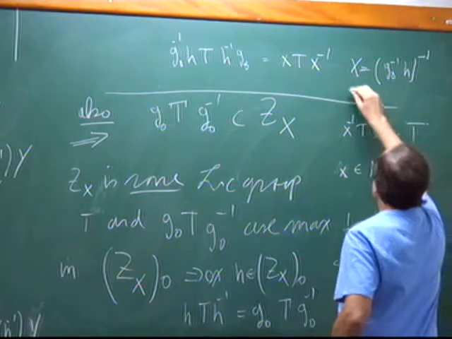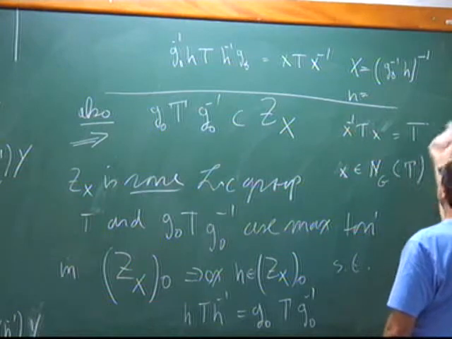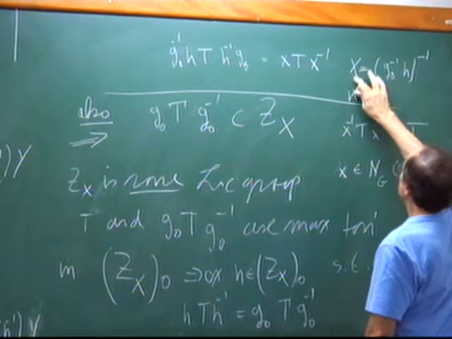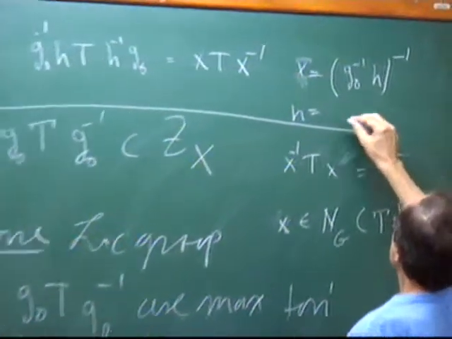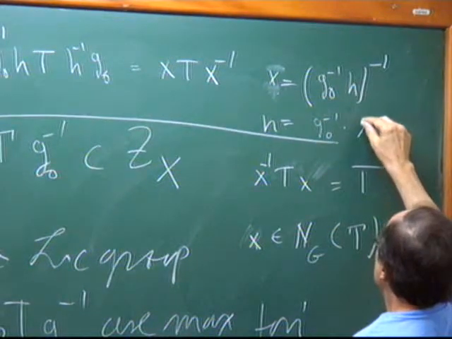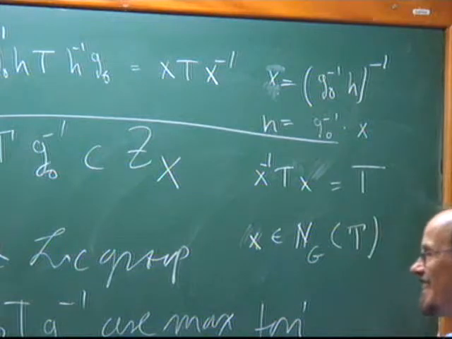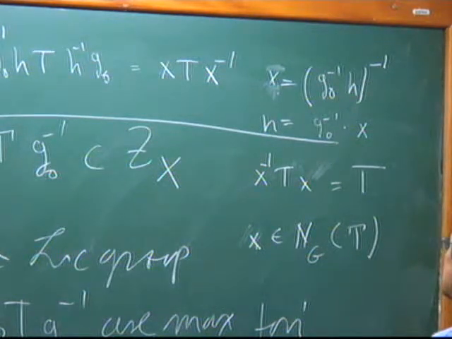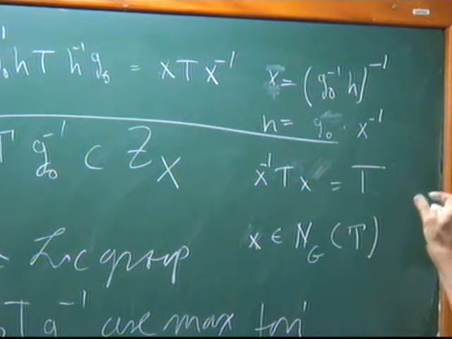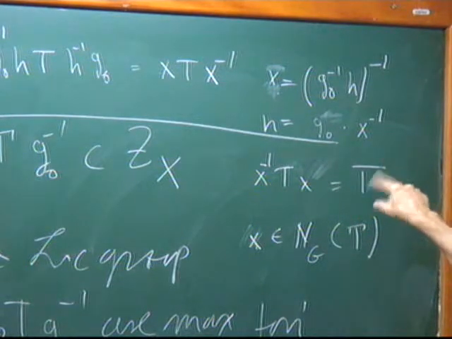So this here says that h is what? H inverse. Put it on the left-hand side. So it's G0 inverse times x inverse. G0 times x inverse. That's h inverse being on the other side. That's G0 multiplied by x inverse.